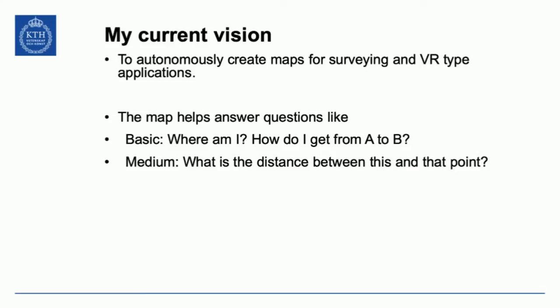At the medium level of difficulty would be to try to figure out what the distance is between two points. That might seem like a trivial thing, but if you want to do that very accurately in a surveying type application, if a construction company wants to figure out if their Bobcat can pass through this section in a mine or something, you would want your map to be accurate enough to say that with high enough certainty.